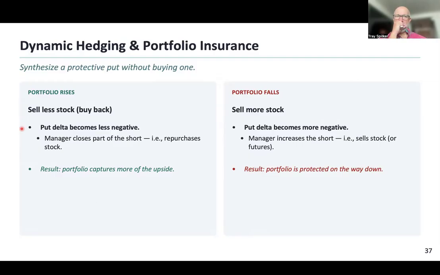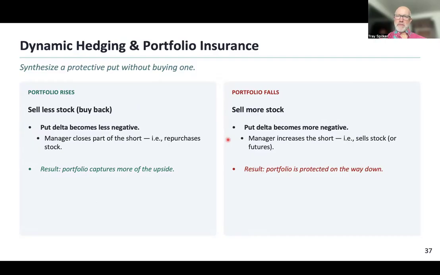Whereas as the portfolio falls in value, the put delta becomes more negative, and so we have to increase the short position and sell some stocks.